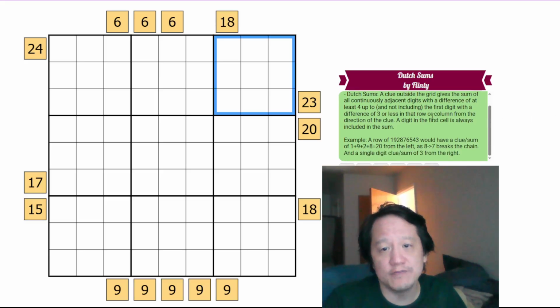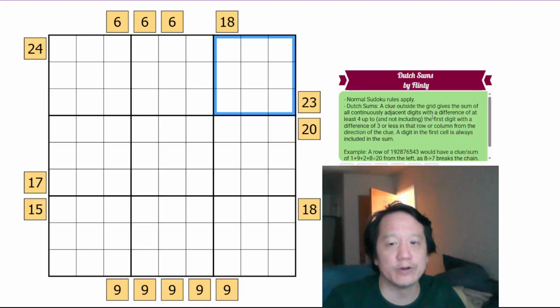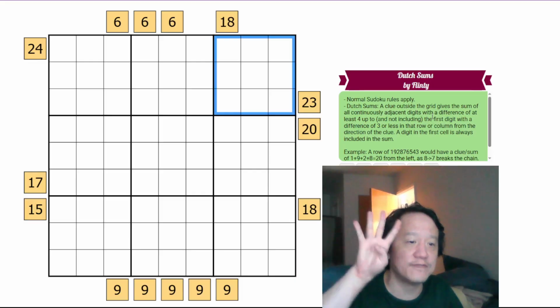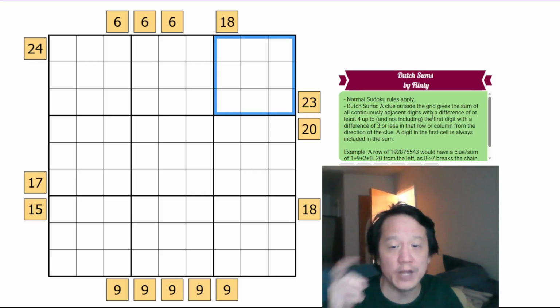And we have Dutch sums, where a clue outside the grid gives the sum of all continuously adjacent digits with a difference of at least 4, up to and not including the first digit with a difference of 3 or less in that row or column from the direction of the clue.